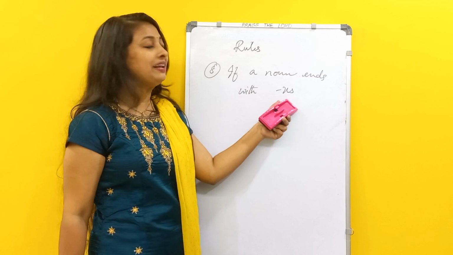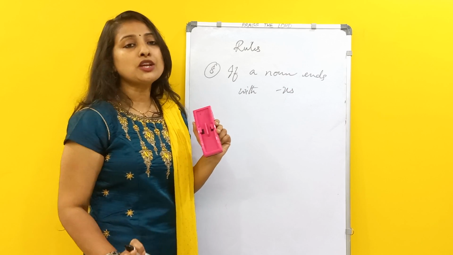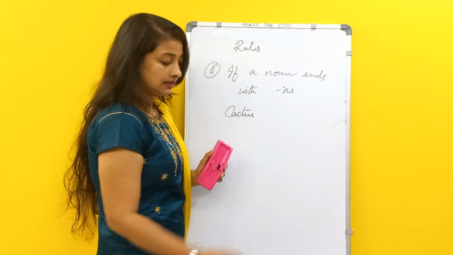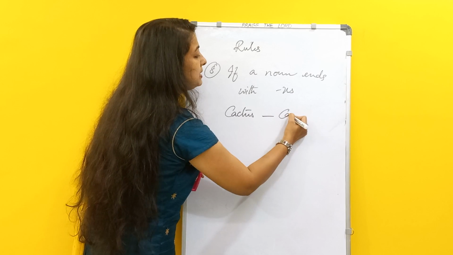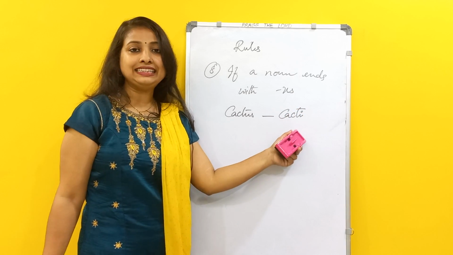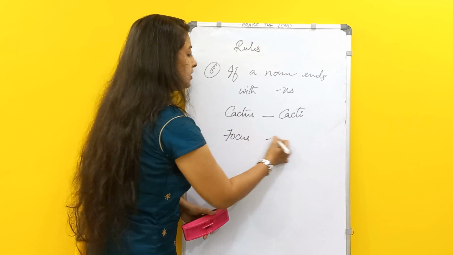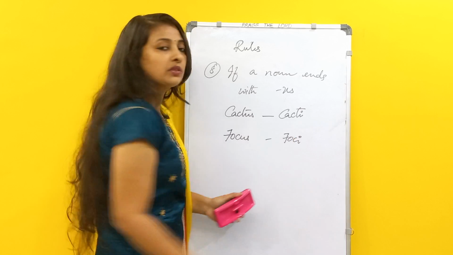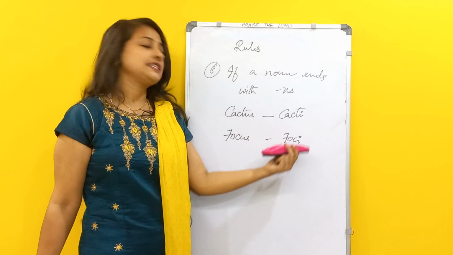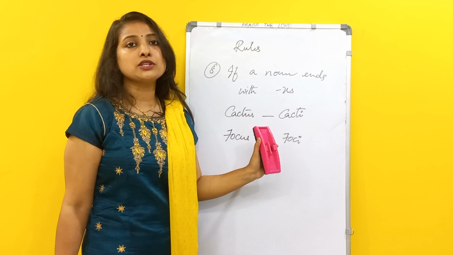That means you will be replacing US with I. These are special cases, like cactus. It will form its plural by replacing the ending with I: cacti. We'll be saying focus, foci. So cactus, cacti, focus, foci. These are the exceptions.